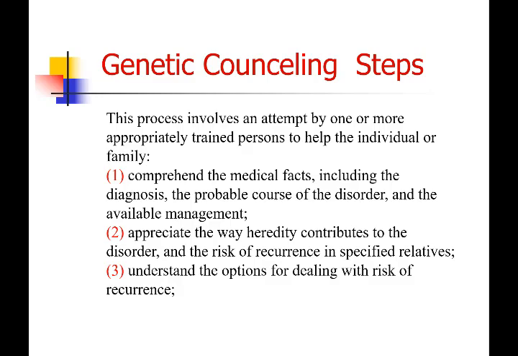For instance, if a couple are both carriers for beta thalassemia and they want to have a healthy child, one way is to do prenatal diagnosis to find out if the fetus is affected with thalassemia major. Then they will abort the fetus and they will go through pregnancy termination.